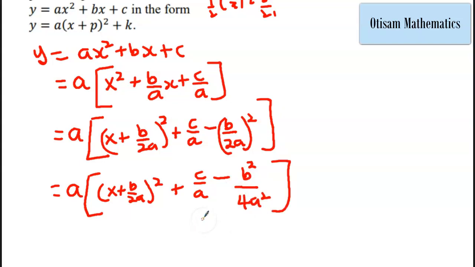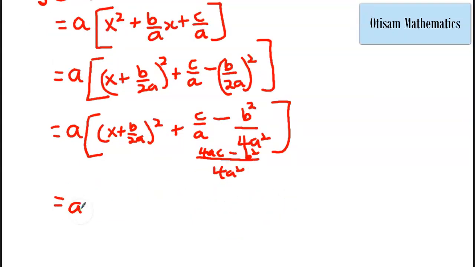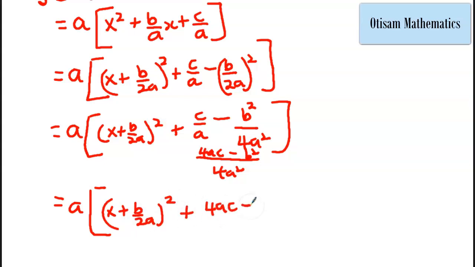So we have to find the LCM. The LCM is 4a squared, and this we are going to get 4a. So we have 4ac minus b squared. So we have a multiplying x plus b on 2a all squared plus 4ac minus b squared over 4a squared.